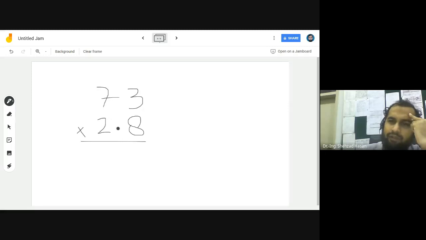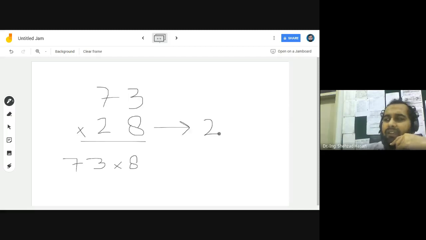Actually it's not 2 that you're multiplying with, because we're talking about base 10 right now. In whatever base a number is written, every digit is represented by a power of that base. So actually what you are doing is 73 multiplied by 8, and you have broken this number into 20 plus 8.